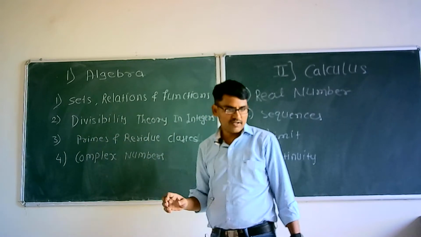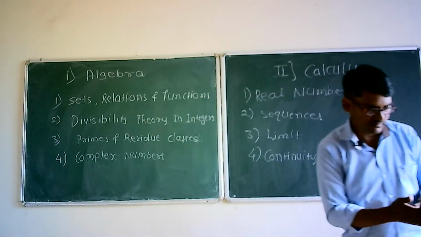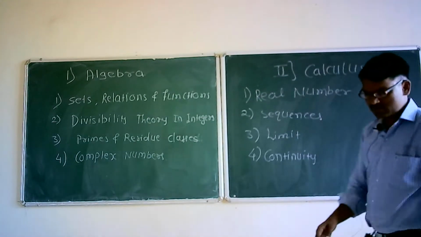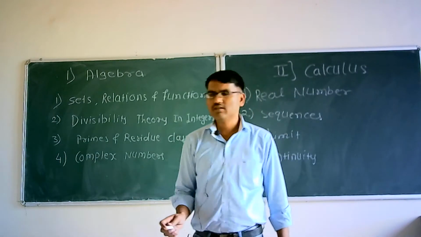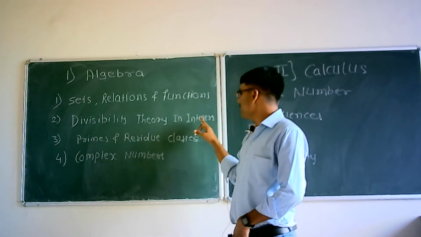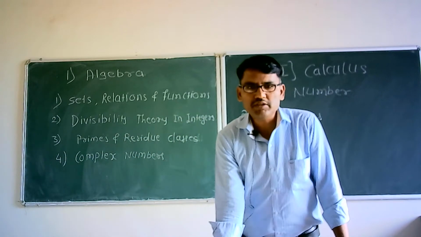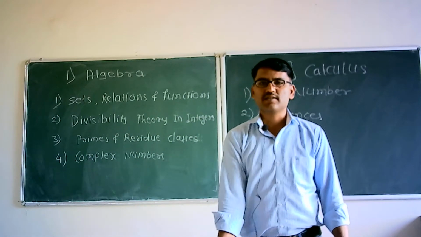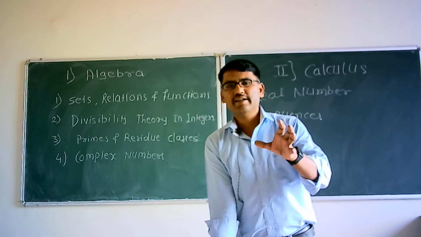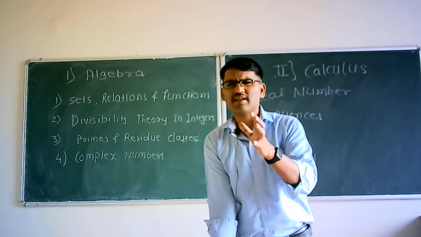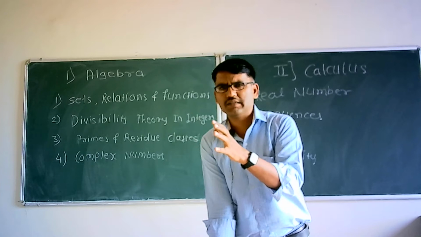In the next chapter, in divisibility theory of integers, we are going to see some properties of integers. What is the integer set? It is 0, plus or minus 1, plus or minus 2, and so on to plus or minus infinity. So there are some relation properties of integers.